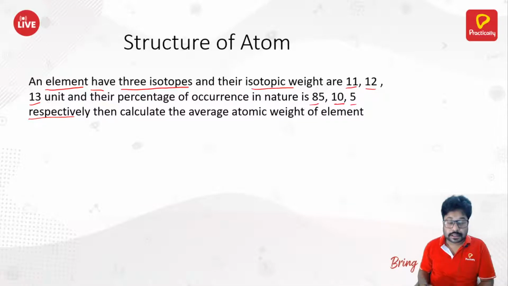The percentage occurrence in nature is 85, 10, and 5 respectively. Then calculate the average atomic weight of the element.